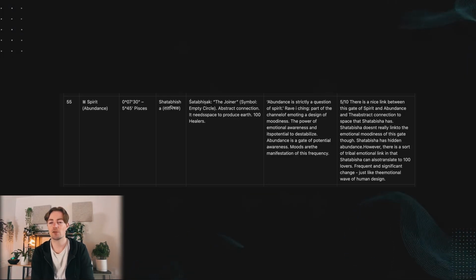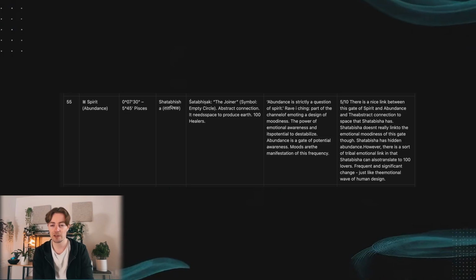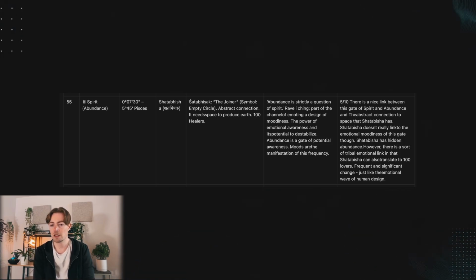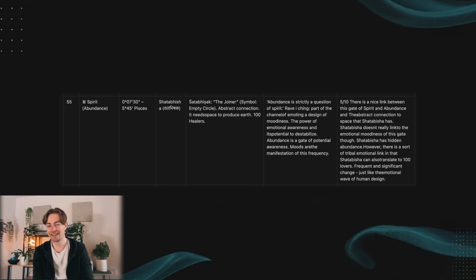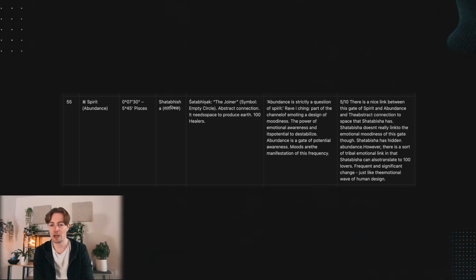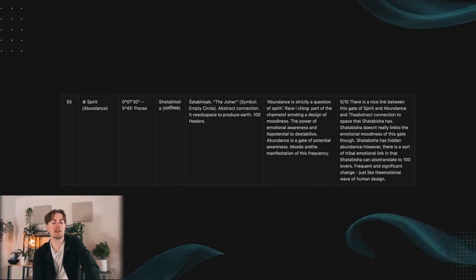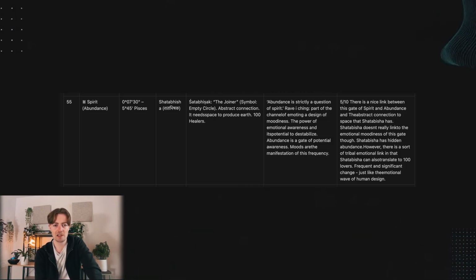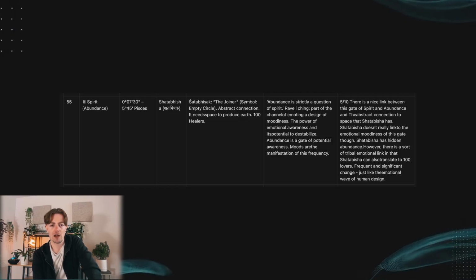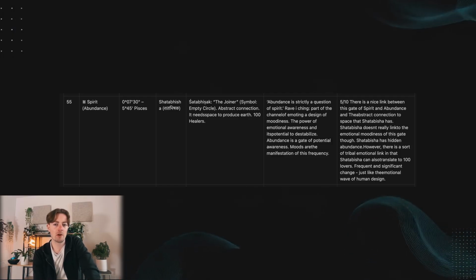There's a sort of tribal emotional link that Shatabhishak can also translate to 100 lovers or 100 healers. This pattern of frequent and significant change, just like the emotional wave of human design. I don't really think there's a link between the 100 physicians, the 100 healers, and this gate of spirit and abundance.